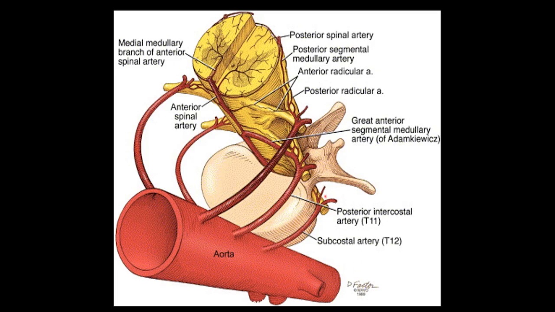This graph shows the supply from some segmental branches to the posterior spinal artery through the radiculopial branches, and the supply to the anterior spinal axis through some other radiculomedullary artery, in this case the Adamkiewicz artery.